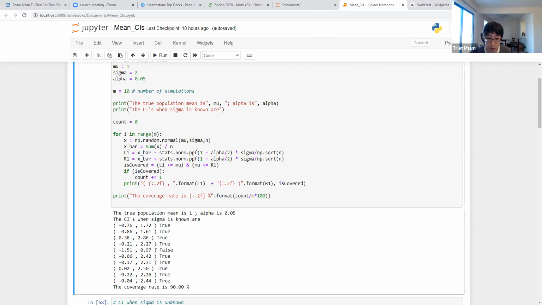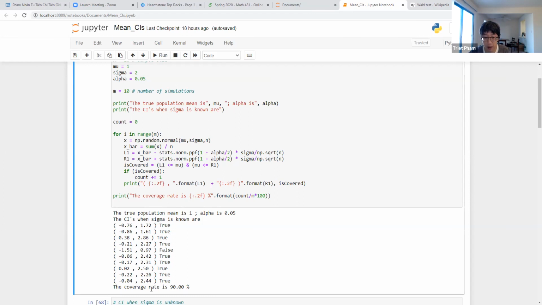And most of the time, this is 95%, you catch the true value, which is 1. Some of the time you missed. Here you barely missed. You see that? But of course, here I only did 10 samples to show you. If I do 100 samples, it's hard to see everything, too much to print out.